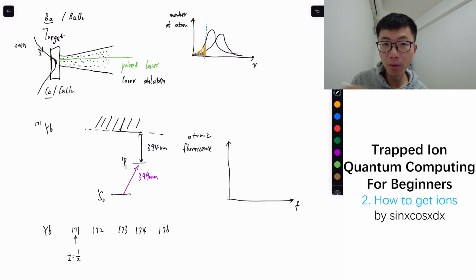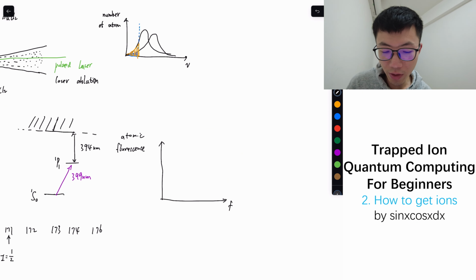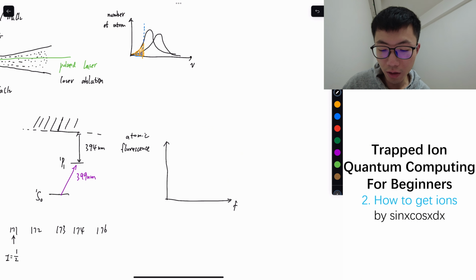During the process of trapping ions, this is the first step. If we see the atomic fluorescence, it means that there's no problem with the target, the laser ablation process and the ionization process.